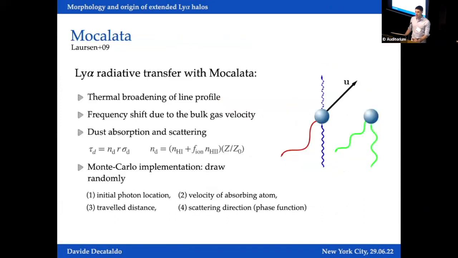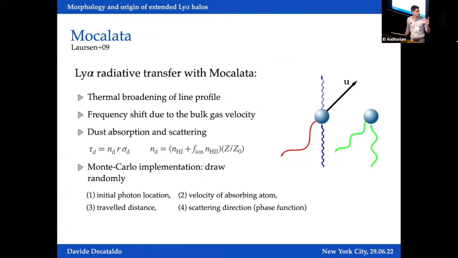After this, we can proceed with the post-processing with the radiative transfer for the Lyman alpha line. And for this, we use the code Mocalata. This code is taking into account many mechanisms. For example, we have to consider the thermal broadening of the line, the Doppler shift due to the fact that the gas emitting the line has an intrinsic velocity. So we have also to take into account that.